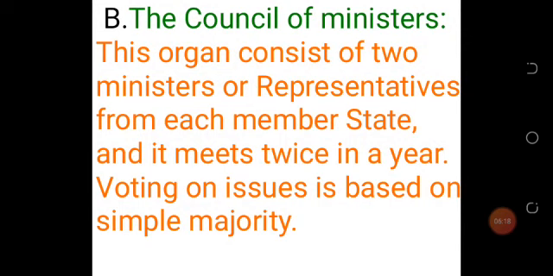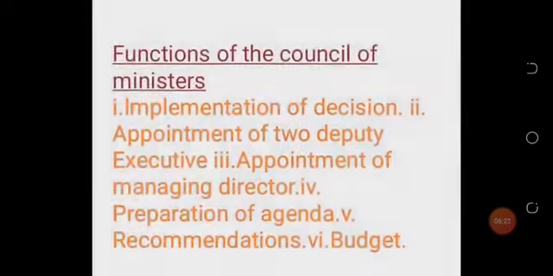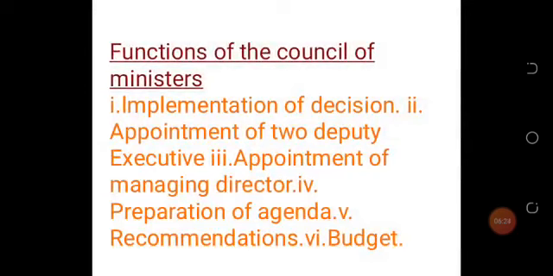Now let's look at the functions of the Council of Ministers as well. One, implementation of decisions. It implements the decisions of the Authority of Heads of State and Government and makes recommendations. That is, whatever decision is made by the Authority, the Council of Ministers will implement those decisions and can also make recommendations for the Authority to look into properly.